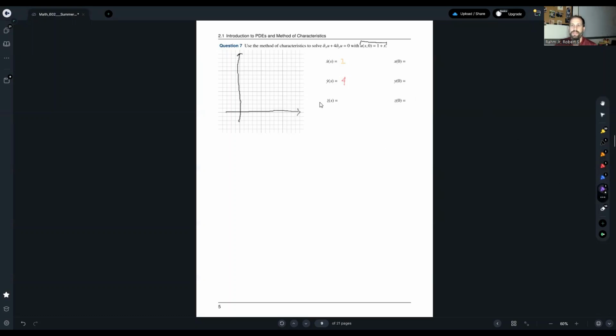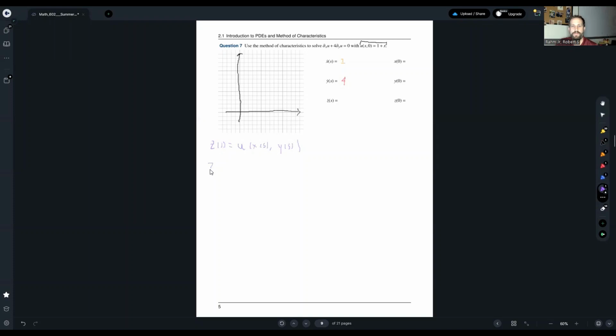And then finally, z dot of s. I didn't say this here, so let me do a little derivation. We won't do this for the upcoming problems, but z of s is always going to be u of x of s, y of s.